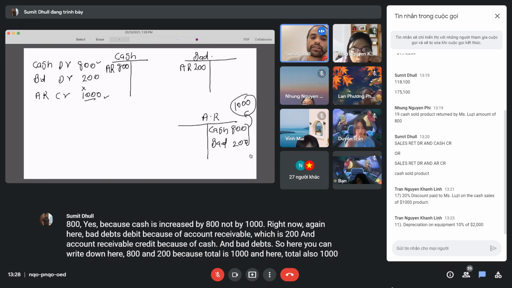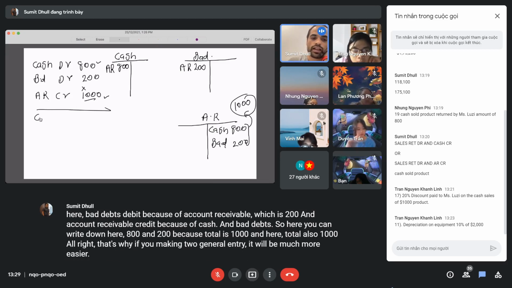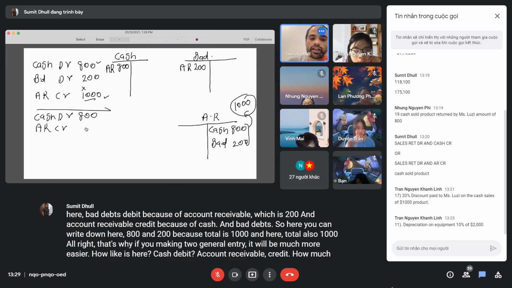That's why if you make 2 journal entries, it will be much easier. How? Cash debit, account receivable credit: how much? 800 and 800.